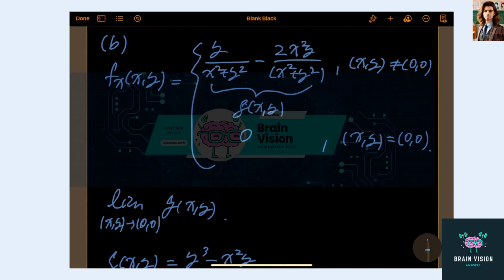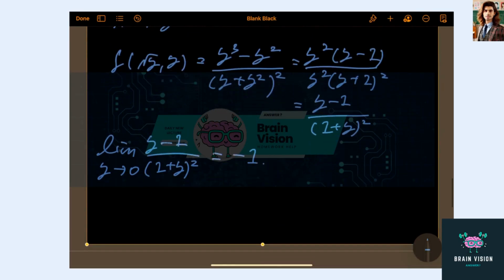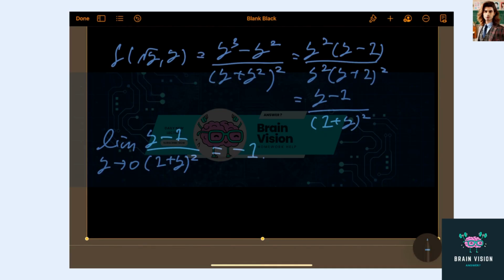Because as given, when xy is 0, 0, f sub x is defined as 0, but when we take the limit of the upper function g of xy as xy approaches 0, 0, that does not approach 0. For a certain path, this approaches negative 1, and so those values are not equal to each other.